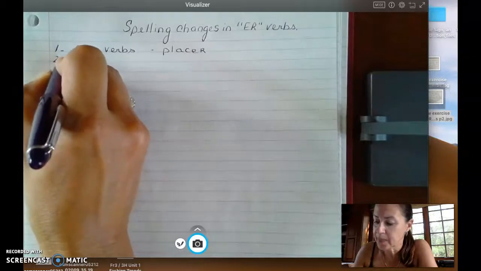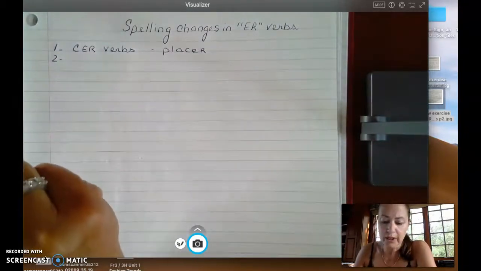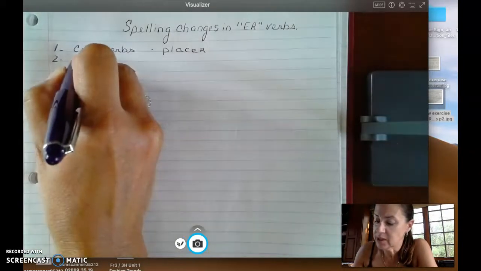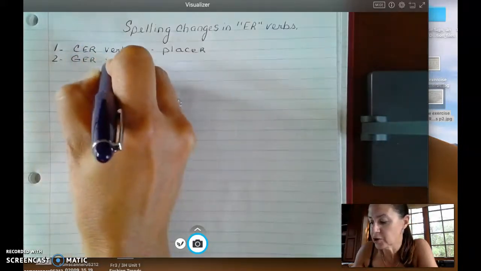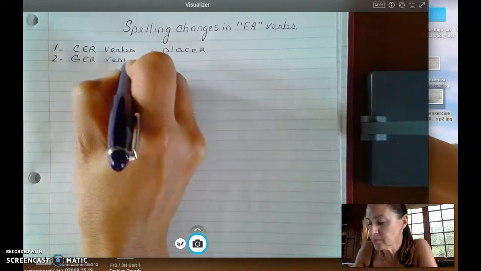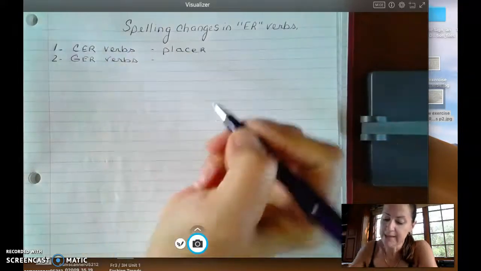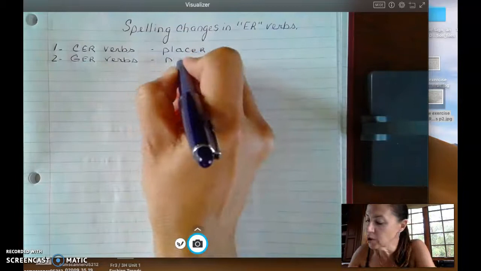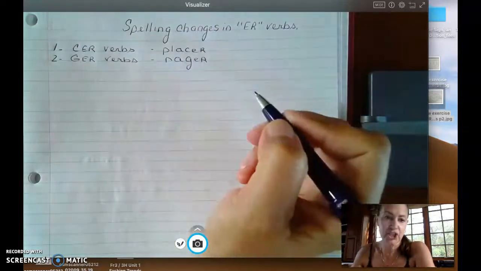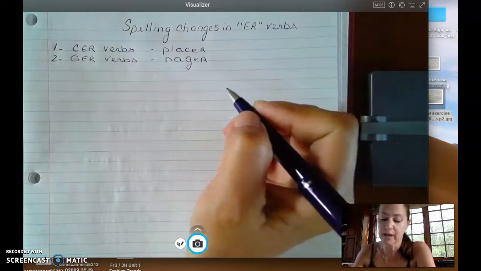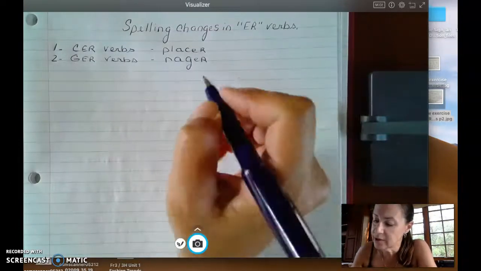The second category is GER verbs. An example of this one that we're going to use will be nager, to swim. I'll give you other examples after.